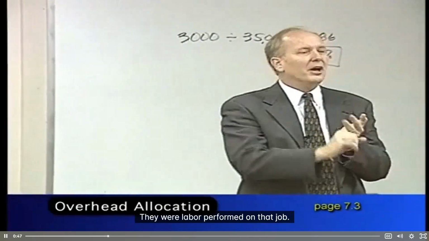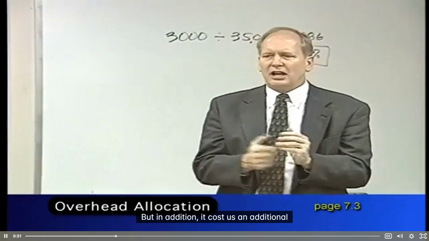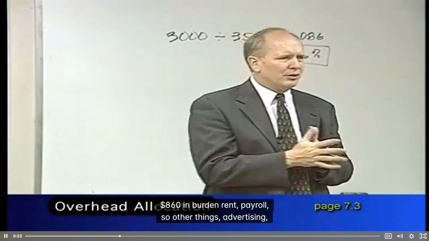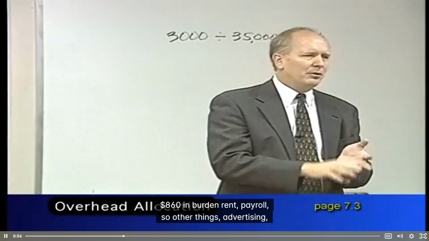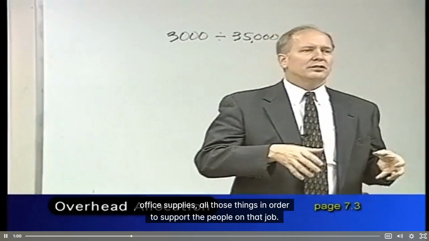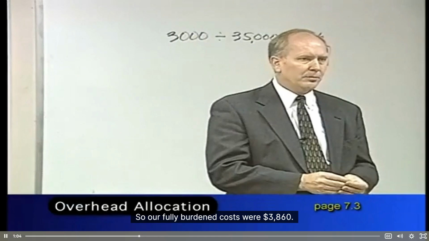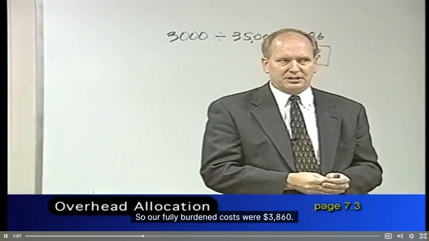They were labor performed on that job. But in addition, it cost us an additional $860 in burden: rent, payroll, other things, advertising, office supplies, all those things, in order to support the people on that job. So our fully burdened costs were $3,860.